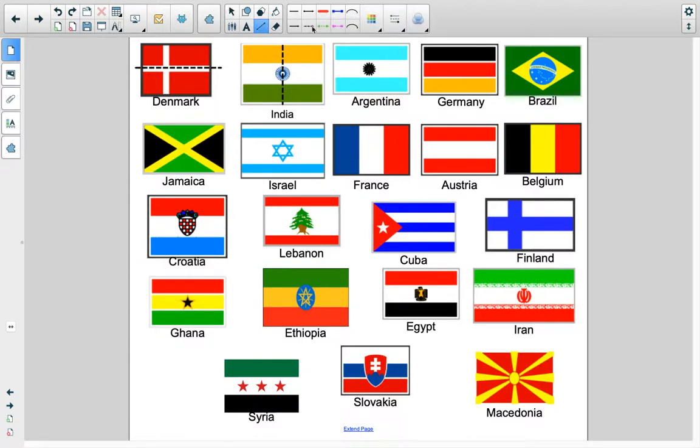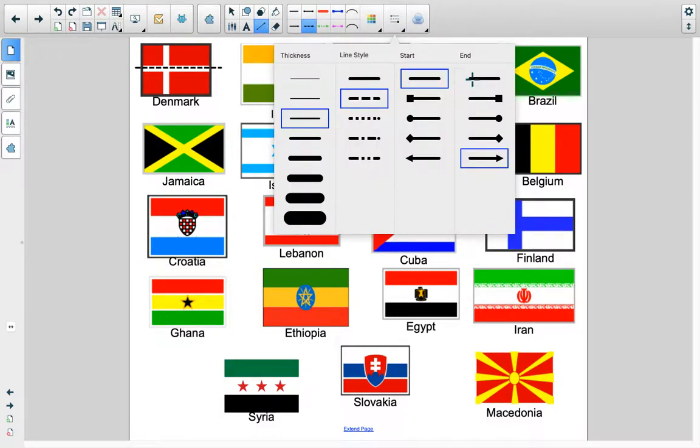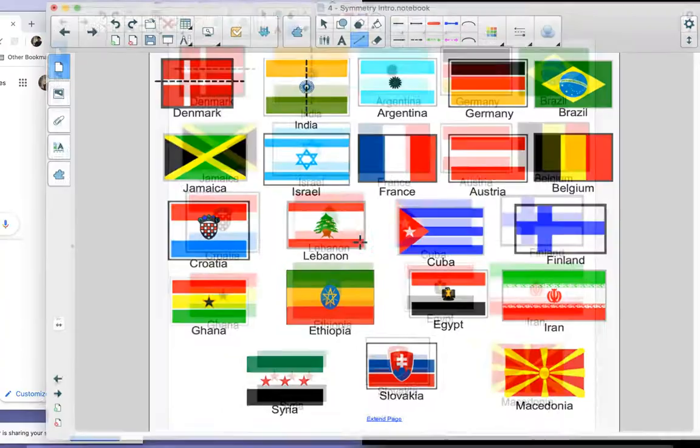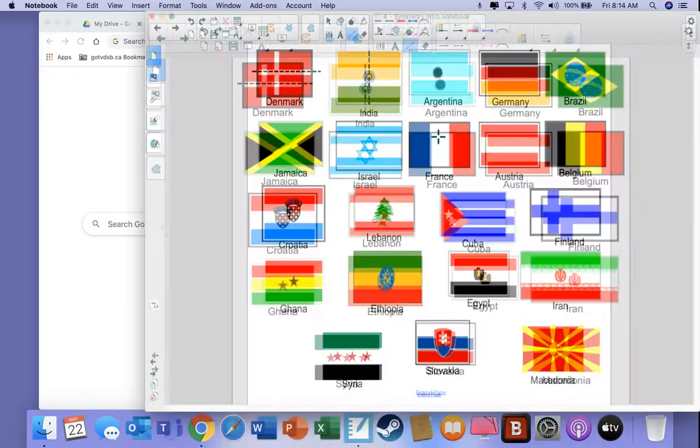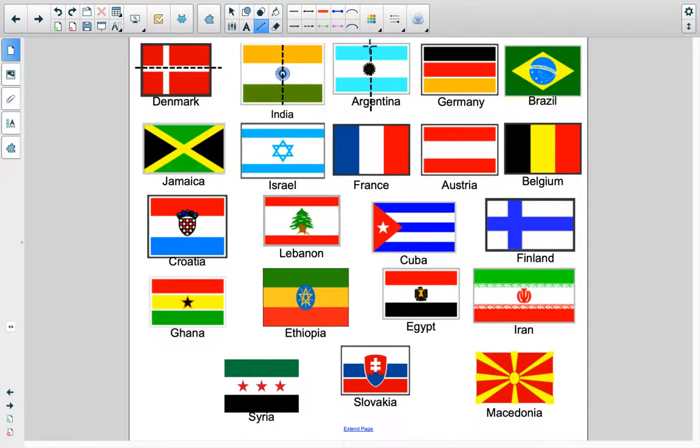Argentina is the same, right? It's got the one line down the middle there. In fact, Argentina does have two lines of symmetry. Germany, right? Line of symmetry here. Now, Brazil, a lot of countries you'll see this. The background of the flag will be very symmetrical, and then they'll have a symbol in the middle that isn't necessarily symmetrical, but the background frames the symbol in the middle.